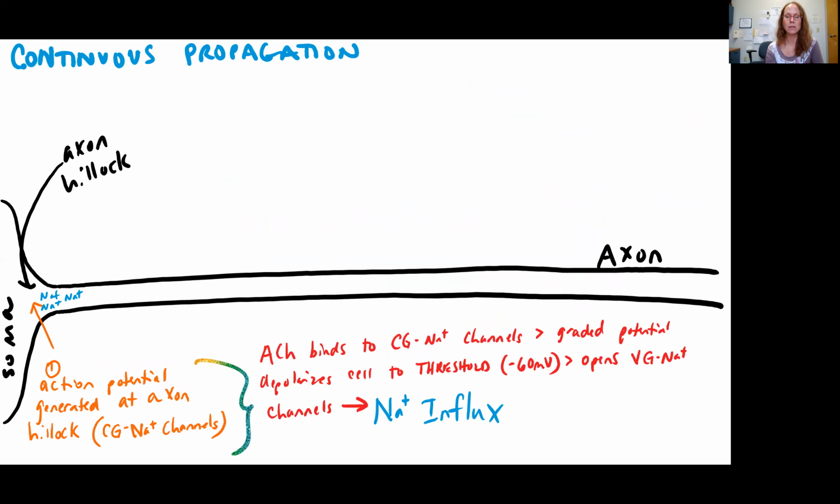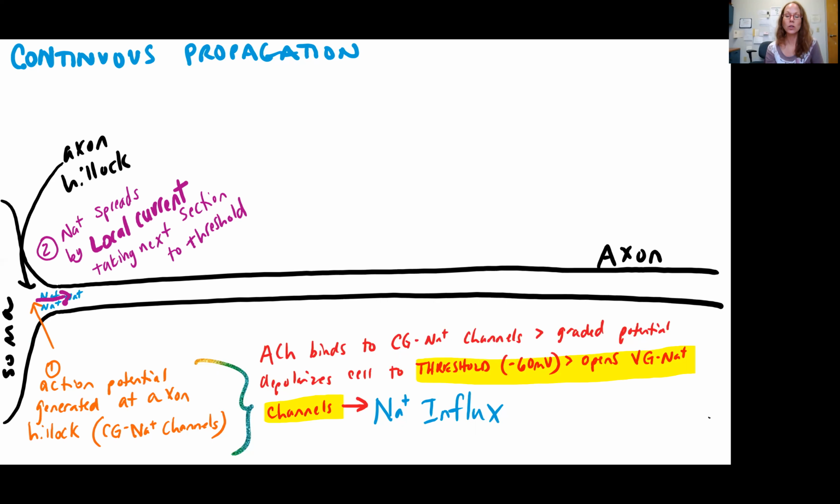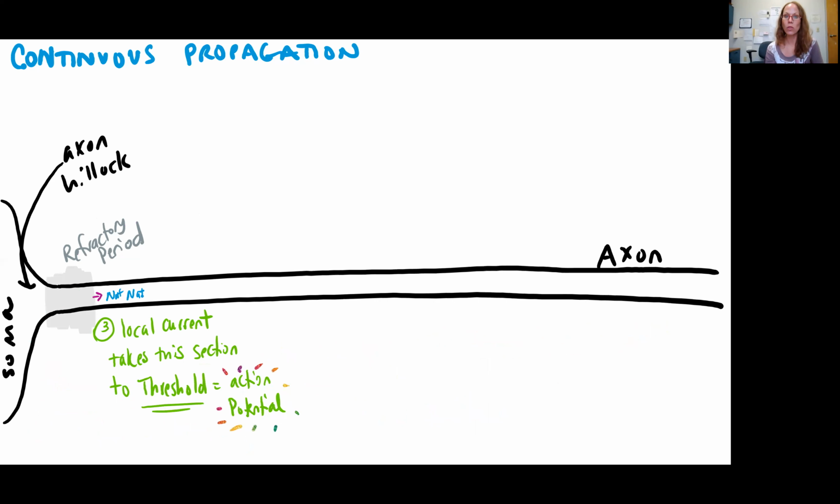Once we take that cell membrane to threshold, we get the opening up of voltage-gated sodium channels, and we get that initial big influx of sodium. So we're going to assume here that that's what's happened, and so we have a bunch of sodium already moved into the cell. That sodium, remember, is spreading by local current, so that's how we're going to get that very next section of membrane to threshold.